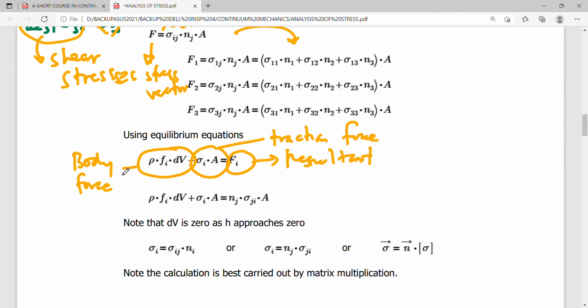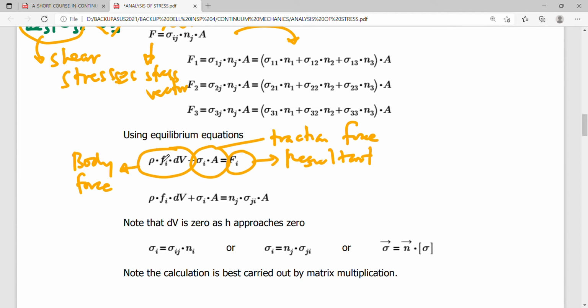Okay, so this is the body force. So the body forces, which is brought about by the weight or the gravity upon which the density is being referred to in this case, will be contributory to the body force.